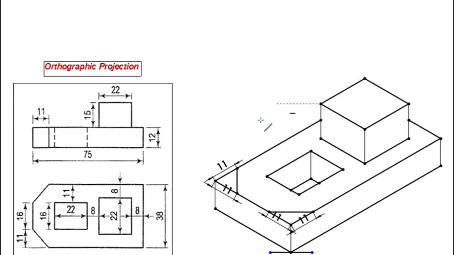from the front view, you can observe it is a vertical line in the z direction. So from each corners, I am drawing a vertical line like this in the z direction. This is vertical line, and this is vertical line.